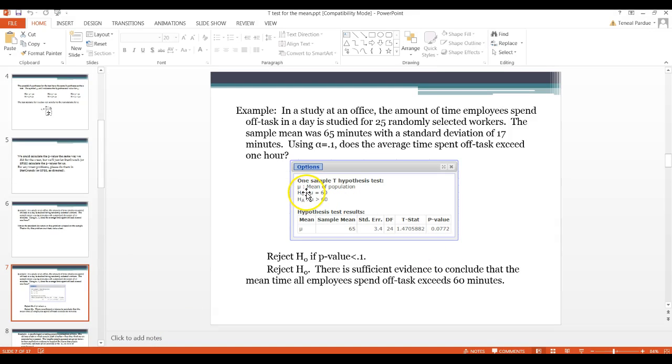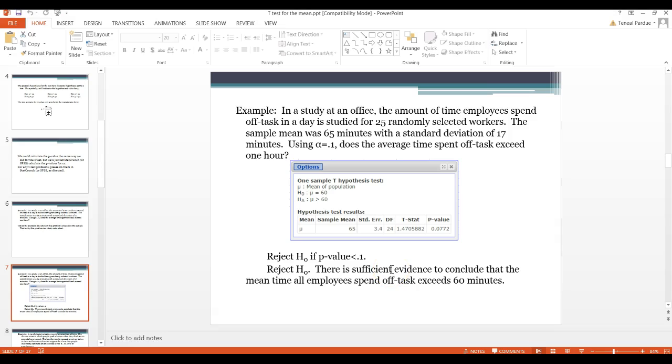In the output, it gives us the hypotheses, the test statistic, and the p-value. We still need to state the rejection rule and the conclusion. So the rejection rule is reject H naught if p-value is less than alpha, the alpha given in the problem, 0.1. The rejection rule, no matter what hypothesis test we're doing, is always going to be the same.